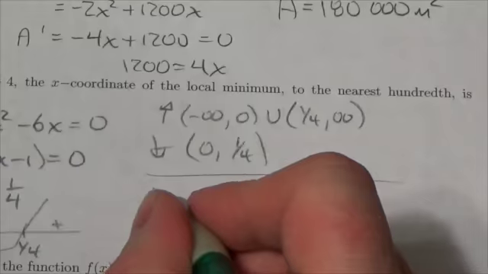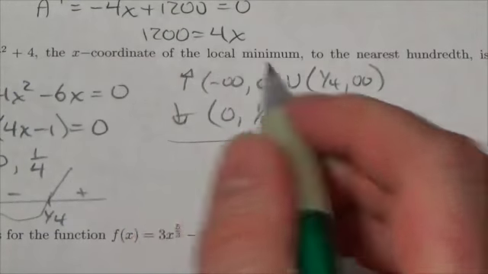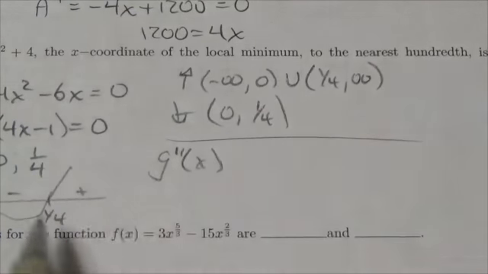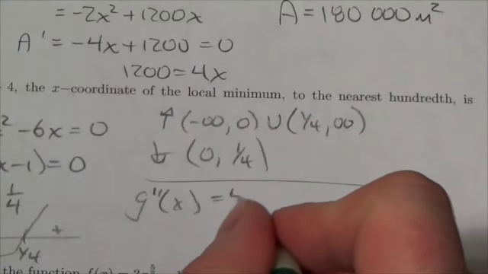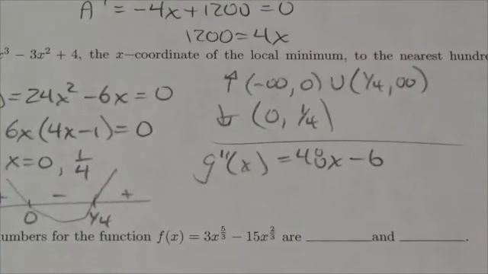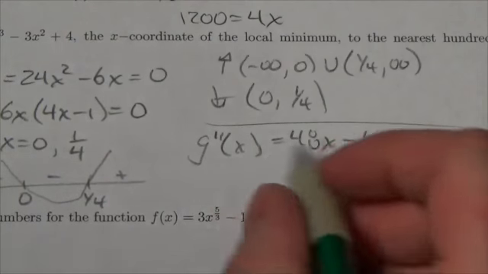Or we could do it like this. And actually, this is the way that I would normally do this because I'm super lazy here. I'm going to take the second derivative, okay? So I'm going to take the second derivative of this, and that's going to end up being 48x minus 6, okay? And I'm going to end up plugging in that critical number.